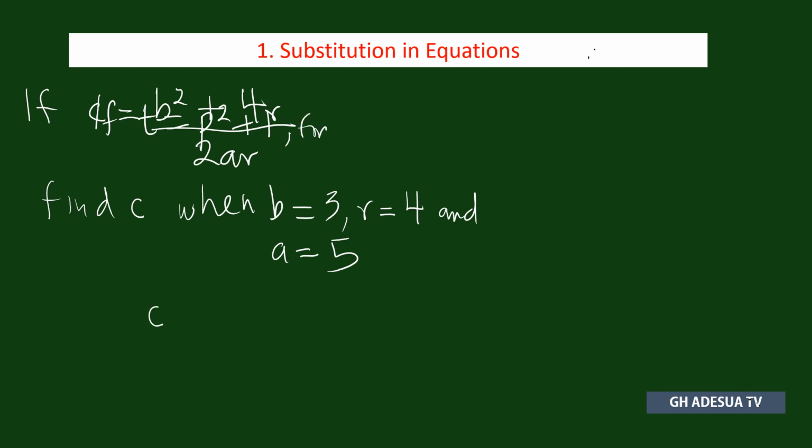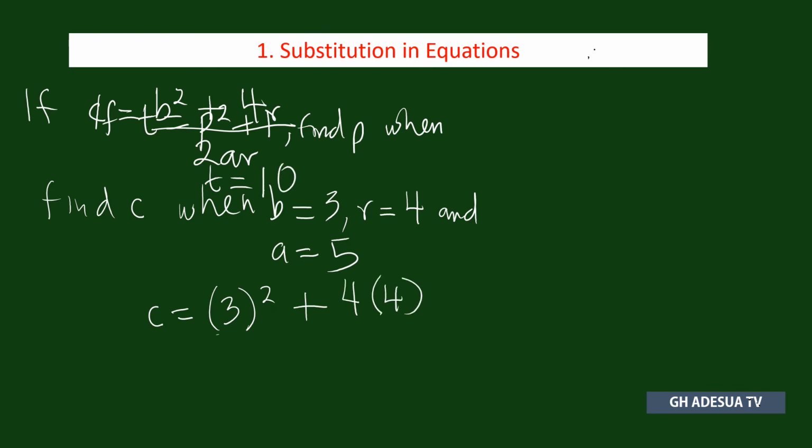So c is equal to b squared. What is b? That is 3. So 3 squared plus 4r. What is r? r is 4. All over 2a. What is a? 5. And then 2ar, what is the r? That is 4.